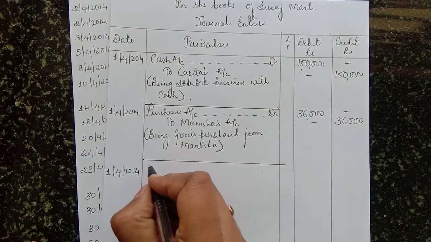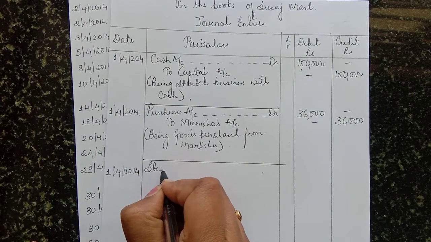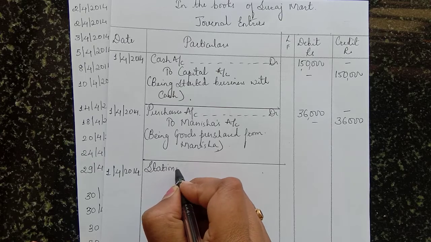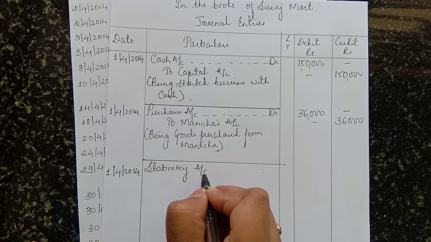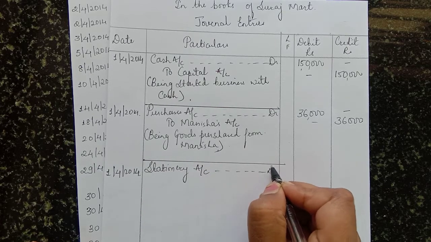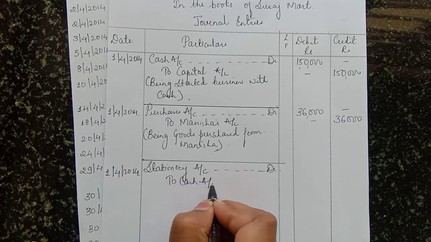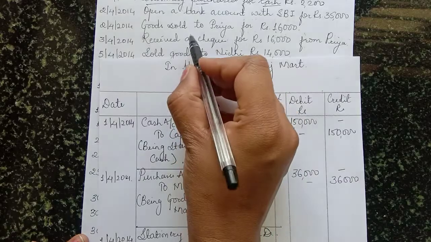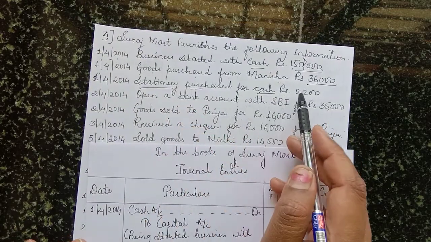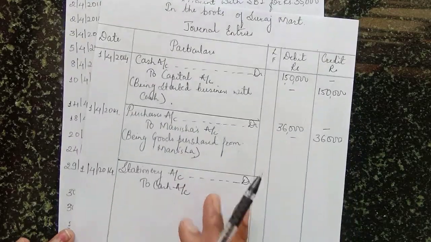Yes, stationery account debit to cash account. Yes, what is the amount here? Purchase stationery 2200.